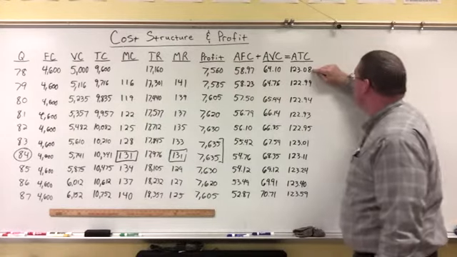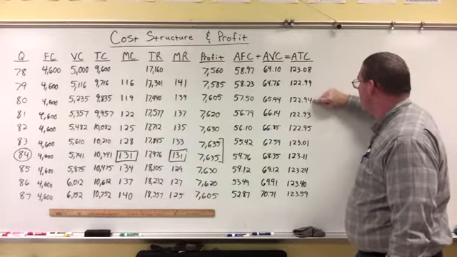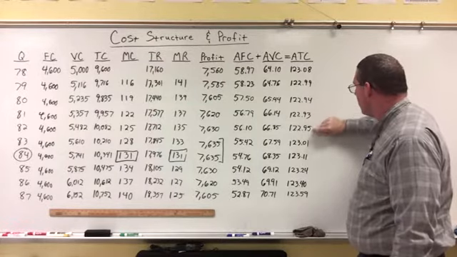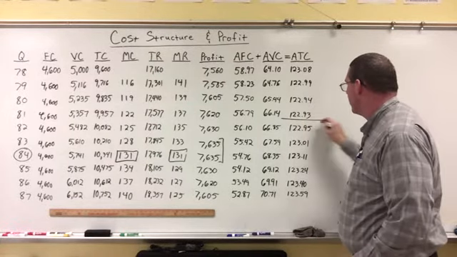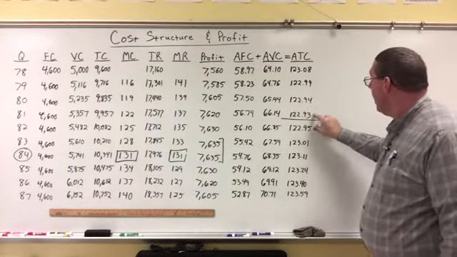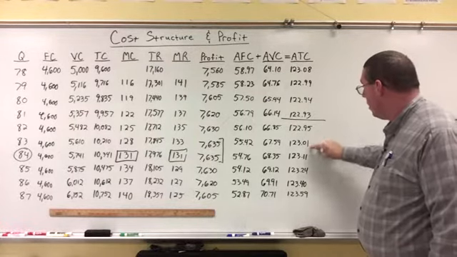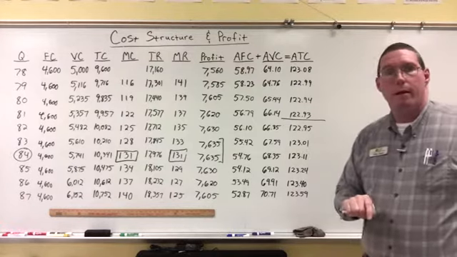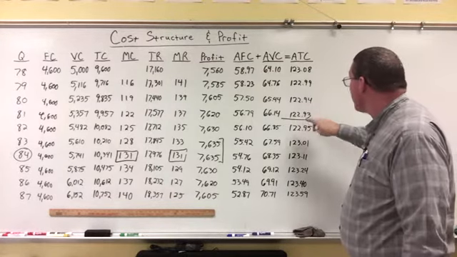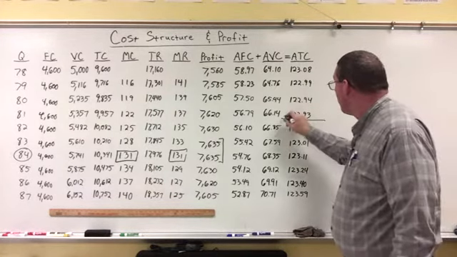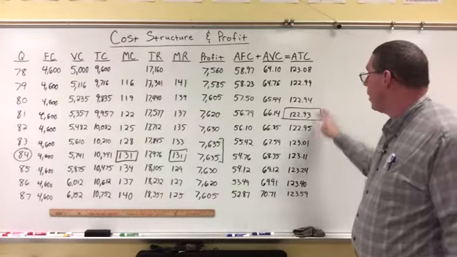Look, 123.08 down to 94, down to 93. And what happens right there? Average total cost starts going up, up, up. Average total cost actually reached a minimum right here at 122.93.